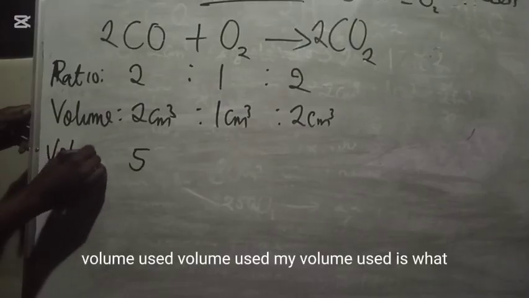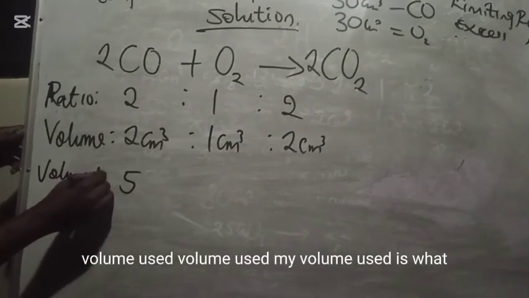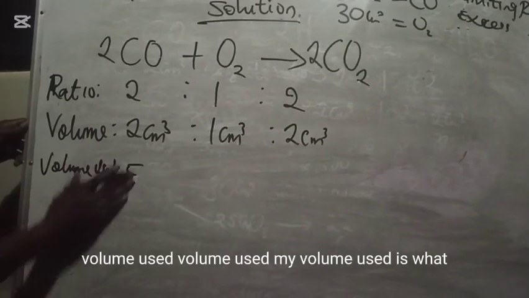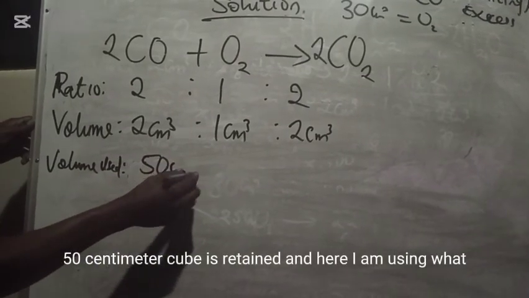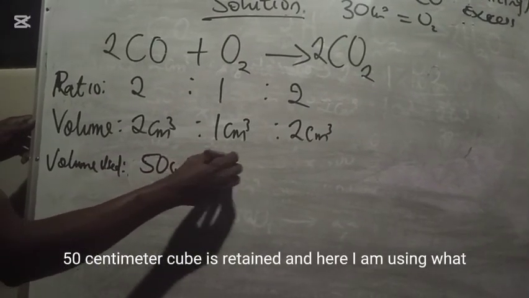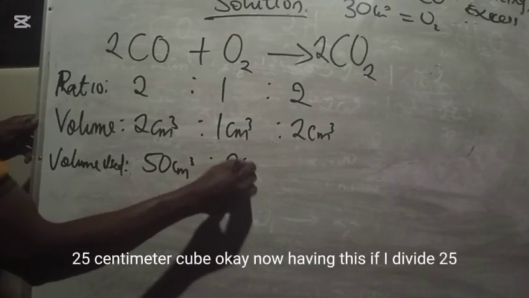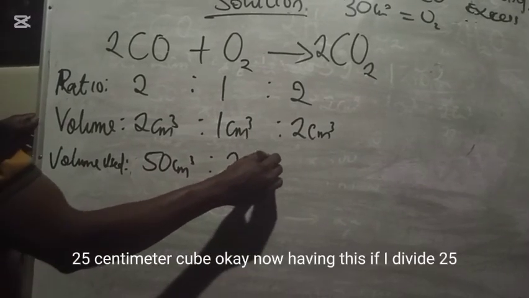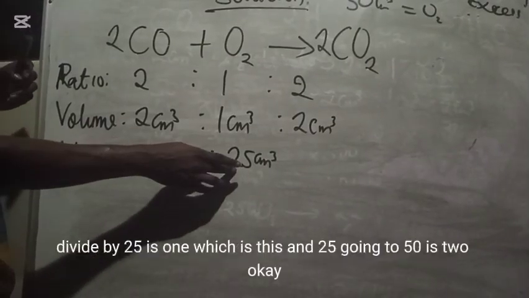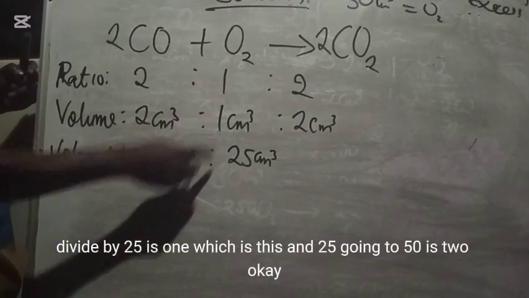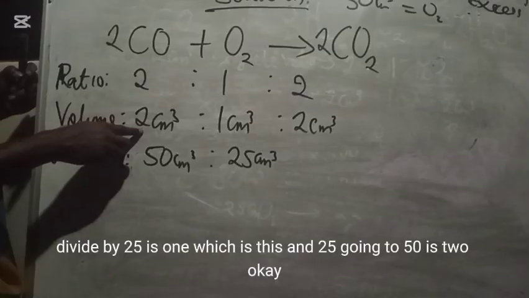My volume used is what? 50 centimeter cube is retained, and here I am using 25 centimeter cube. Now having this, 25 divided by 25 is 1, which is this, and 25 going into 50 is 2.